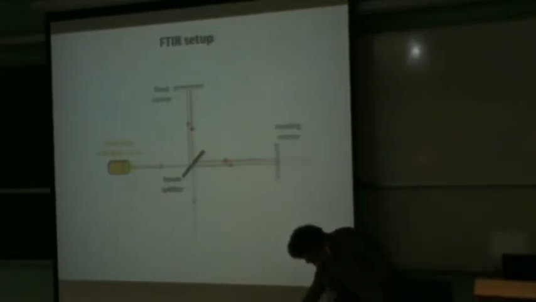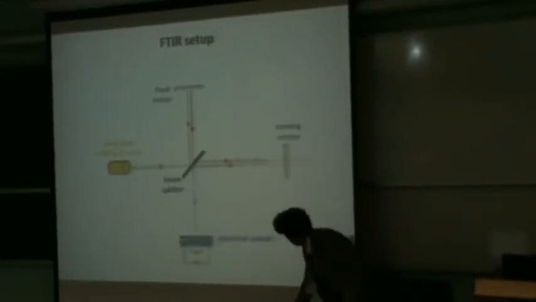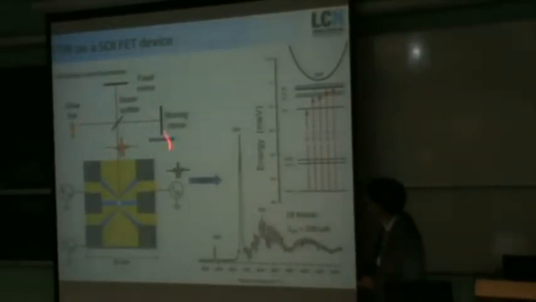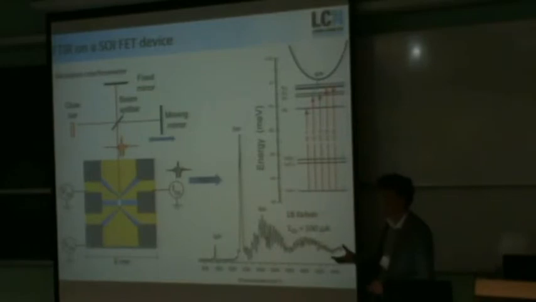So then you shine this on the sample. Here is the same scheme, but in a more stationary system. You basically shine the light on the actual sample itself. So this is the interferogram that's incident on the active region of the device, which I've shown in blue.